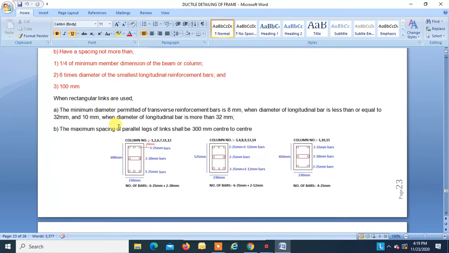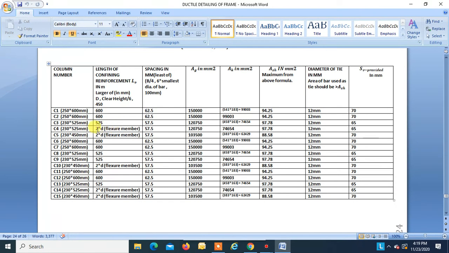So I have made a table over here: this is column number, and these are the column sizes. Length of confining reinforcement where the confining reinforcement has to be provided, L0, right? L0 has to be the larger of D, clear height divided by 6, or 450. So this is how L0 is to be found.